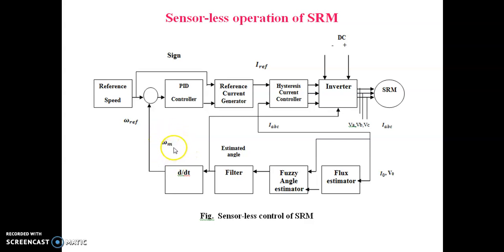This is the actual motor speed, and it is given as input to the speed comparator, which also receives the reference speed and produces the speed error, and based on this the circuit operates. That's all about the sensorless operation of SRM.